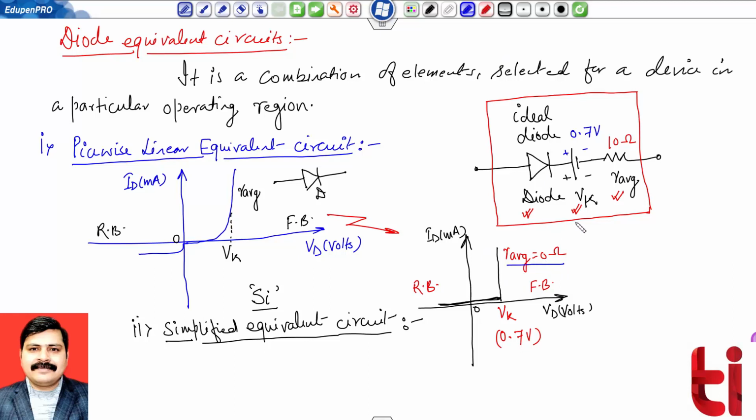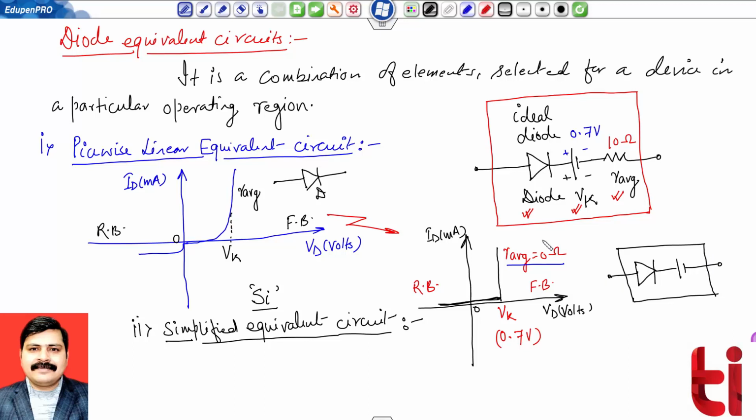So now what will be the model? In the model the several parts are, first is the diode, ideal diode should be as it is, and second thing is the battery involved. Now you can check in this particular model one component has been removed, that is the average resistance, and this is removed because it is now replaced by a short circuit.